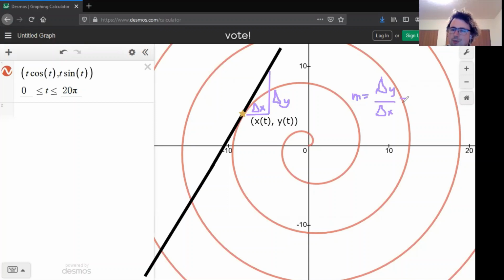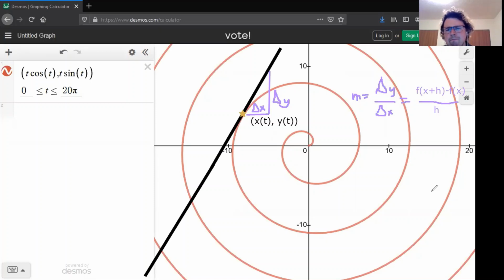This isn't just some fraction I cooked up out of nowhere. It's what we called the difference quotient. That was our whole business for f of x plus h minus f of x, divided by h. You remember that? Well, that's not going to work here.